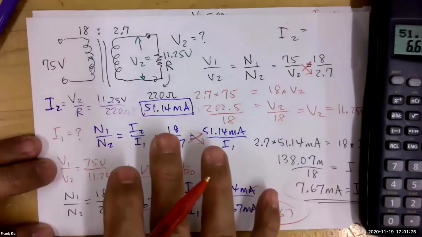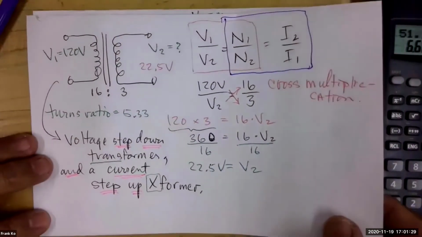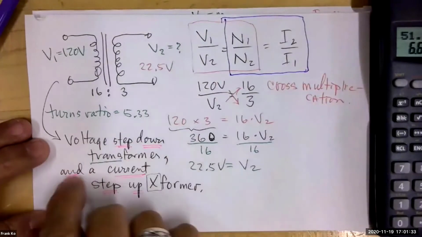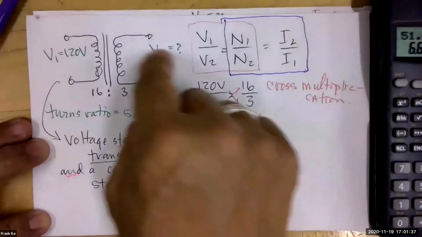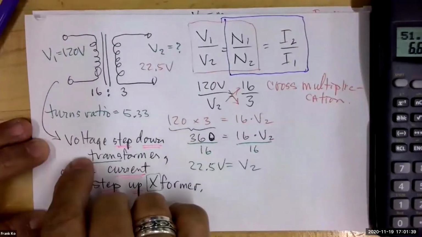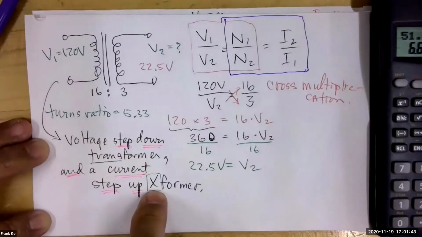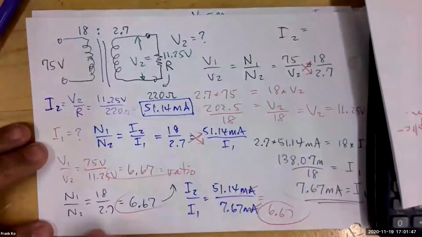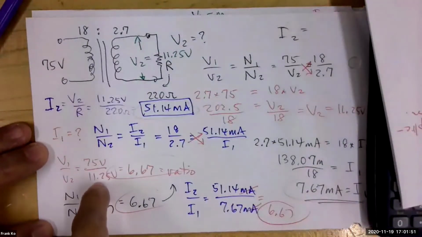Now let's analyze this. We called this one here earlier a voltage step down transformer and a current step up transformer. We didn't do any current calculations, but the characteristic is if the voltage steps down, the current will step up. Did that happen here? Did the voltage go from a higher level, 75 volts, down to a lower level of 11.25? Yes.